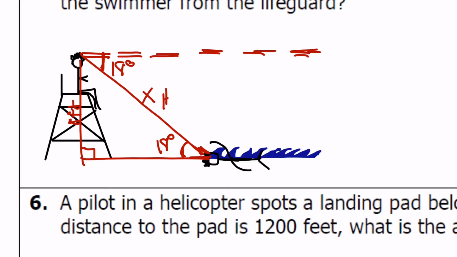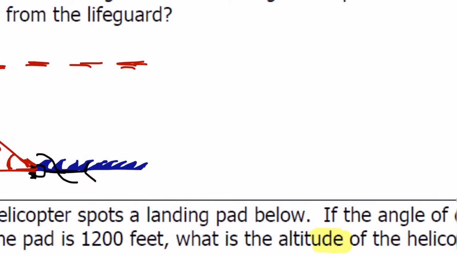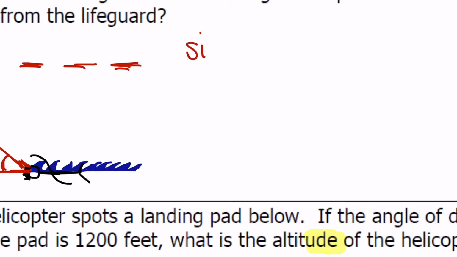All right. So now I'm using my opposite side from my 18 degrees here and my hypotenuse. That tells me I'm going to use the SO function. So the sine of my angle, which is 18 degrees, is going to equal my opposite side, 8 feet, over my hypotenuse. I'm trying to find x.